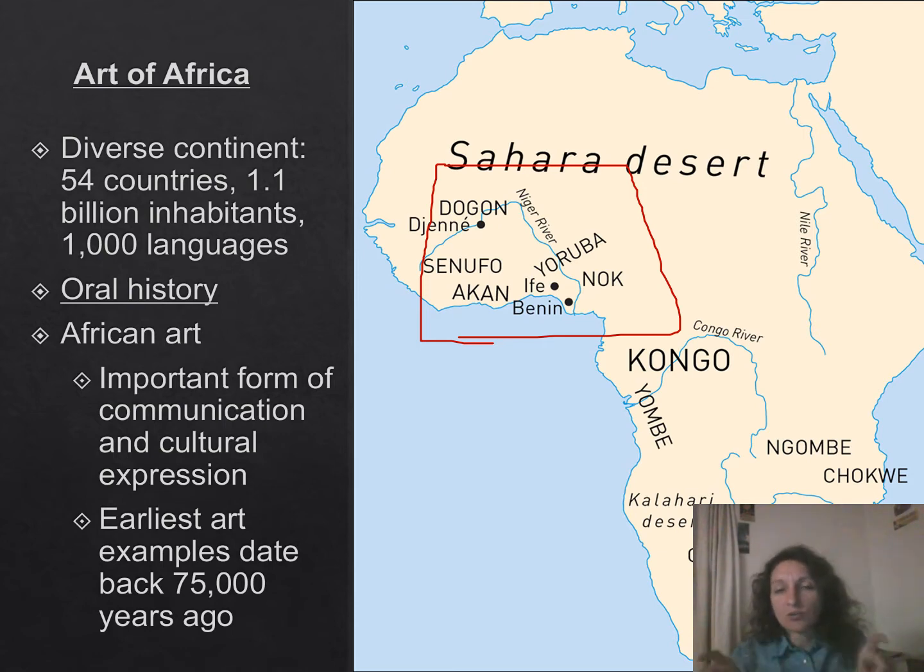So again, I cannot stress this enough. This is just a very brief overlay of African art. A couple things I want to put forward is the oral history is very, very important, and that's oftentimes what the art is about. And then also indicating who is in charge and how they're in charge. We're going to look at that a little bit more in depth.